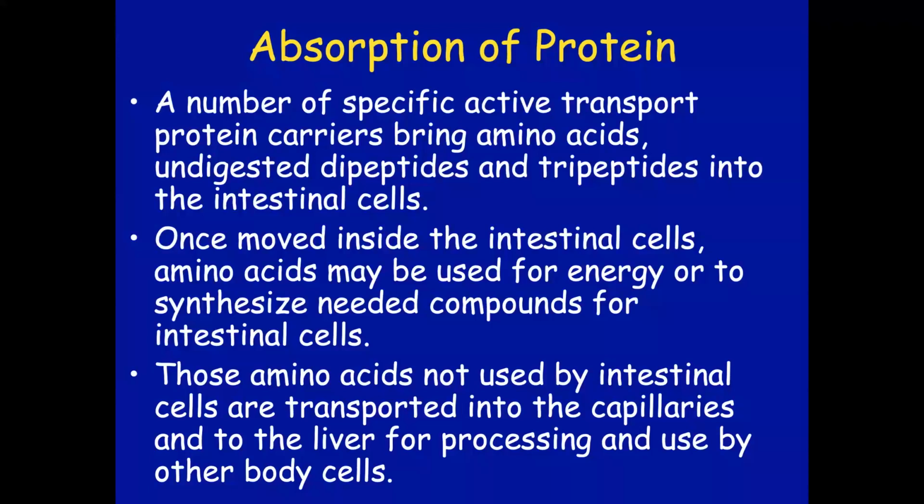The amino acids that are not used by those intestinal cells will get moved off into the circulatory system, which will carry them to the liver for processing and use by other body cells. And that is how you get amino acids to every cell in the body.